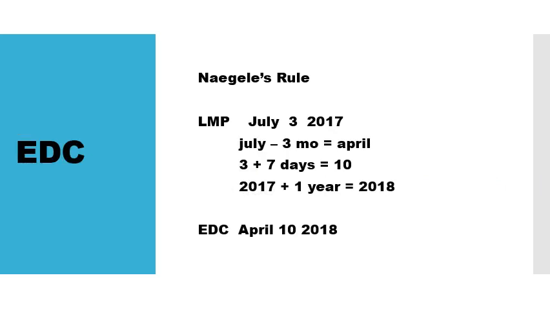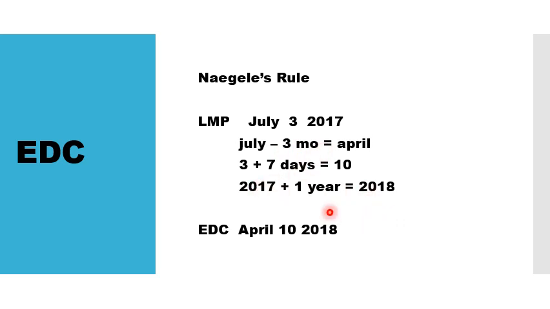The expected date of confinement, or the EDC, is determined by Naegele's rule. To the first day of the last menstrual period, you add 7 days, subtract 3 months, and add 1 year.